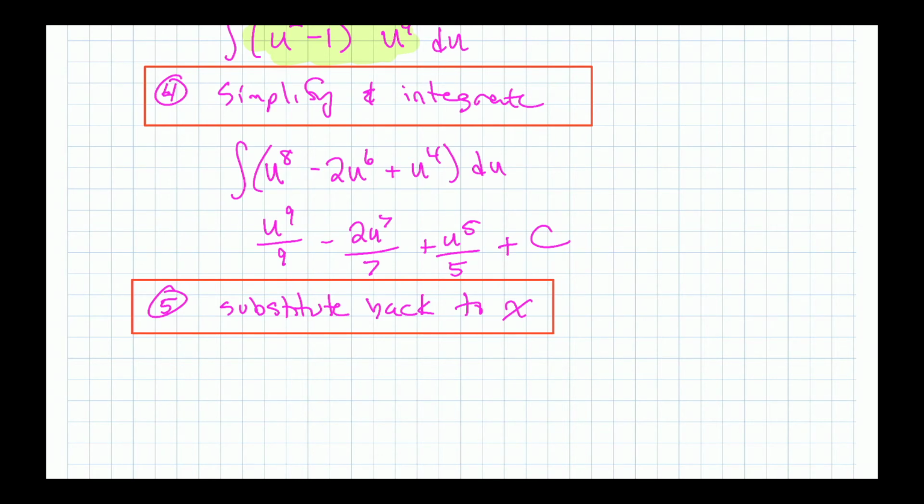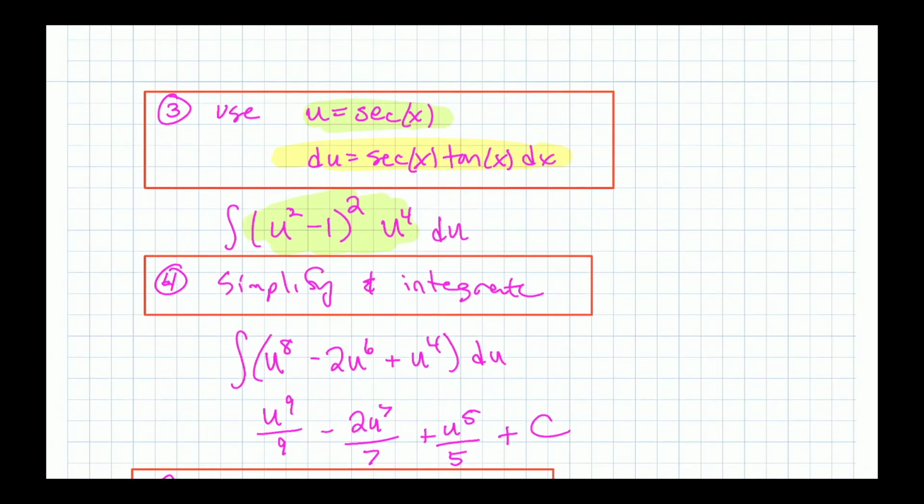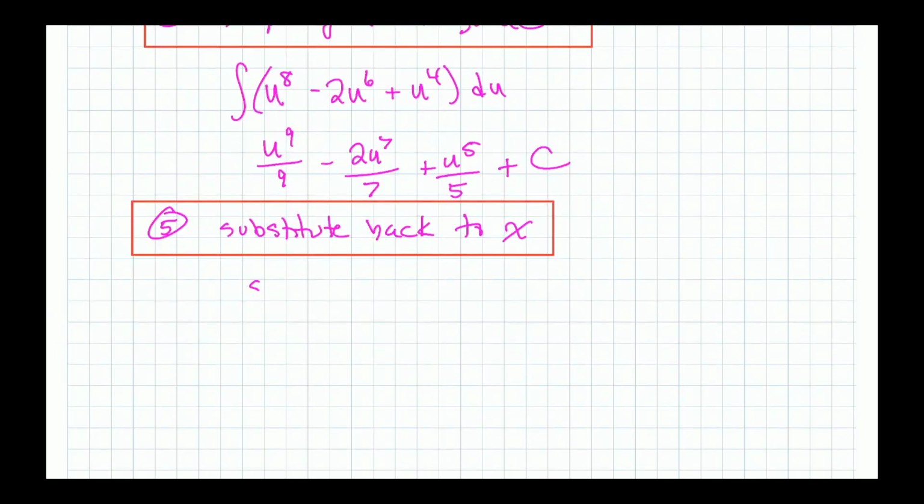All right, so what are we going to get? What was the substitution? Secant. So it's secant to the 9th x over 9 minus 2 secant to the 7th x over 7 plus secant to the 5th x over 5 plus c.